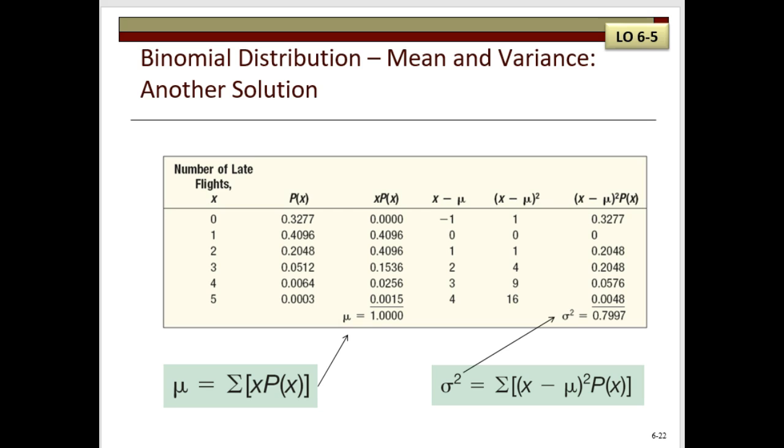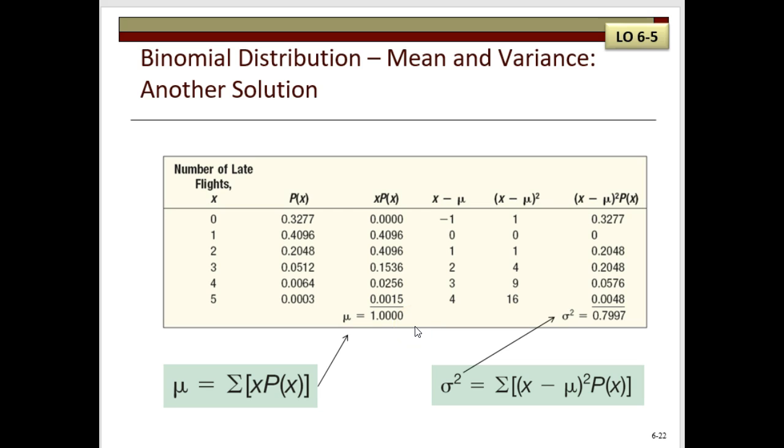On this slide, we show another way of computing the mean and variance of a binomial distribution in a tabular form. The first step is to multiply x by the probability of x, denoted by p of x. You can see it right here. The resulting products are in the third column, right here. We sum up this column to obtain the average of 1.0 late flights, right here.